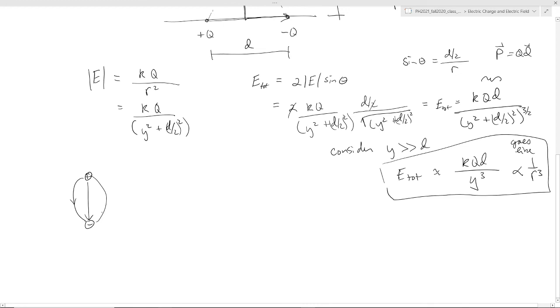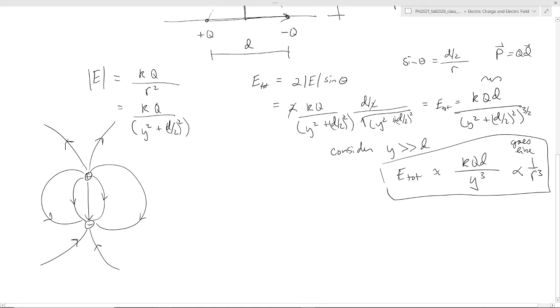My powers to draw this are going to be pretty bad, but you kind of get the idea. It's going to look sort of like this. There would be lines that would come in to the negative charge and out of the positive charge.